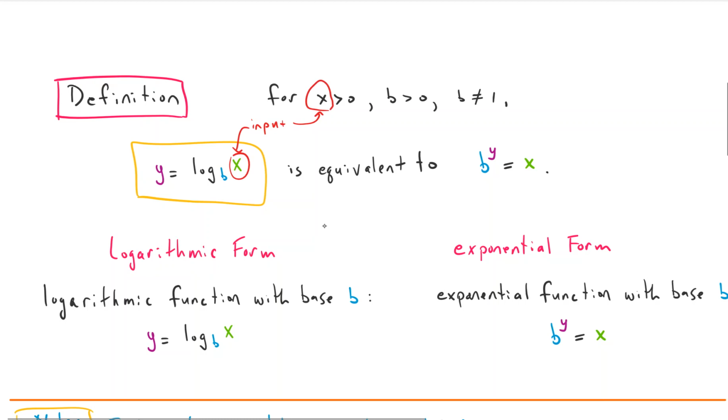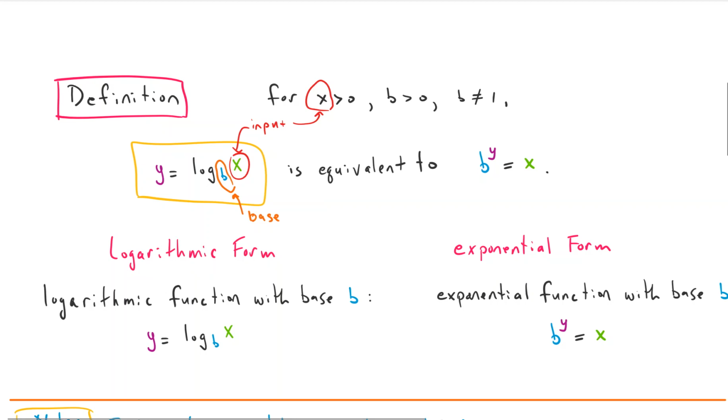We have a base for our logarithm. Let's do orange for our base. Here b is the value that represents the base. But the base in an actual logarithmic function will be a number like 2 or 5 or something like that.